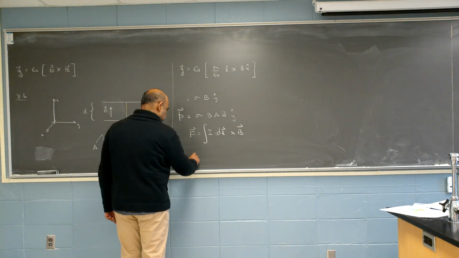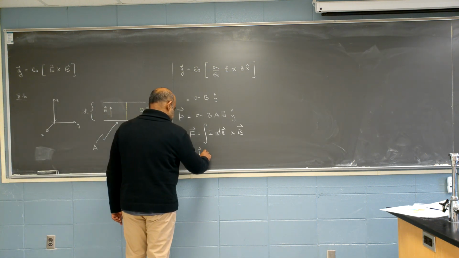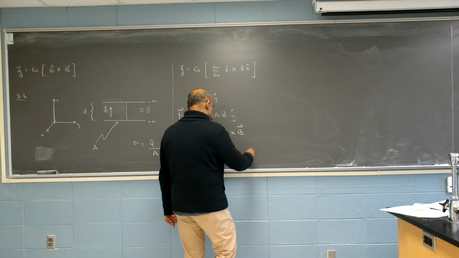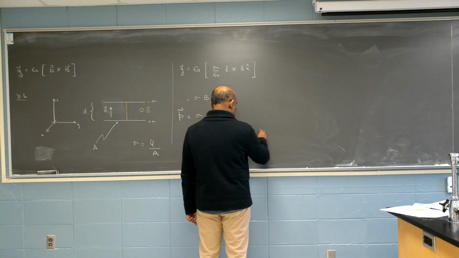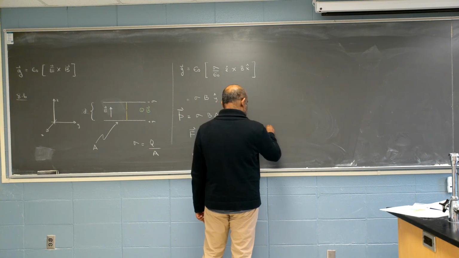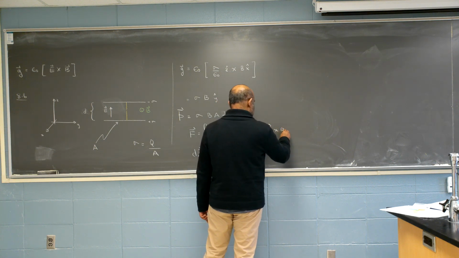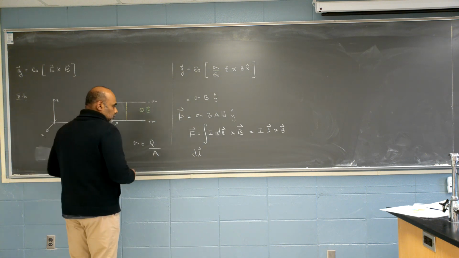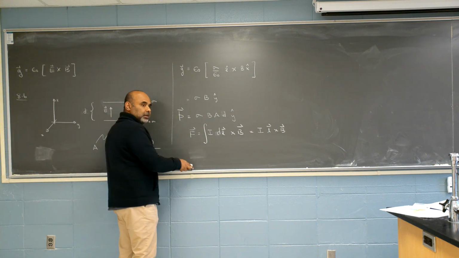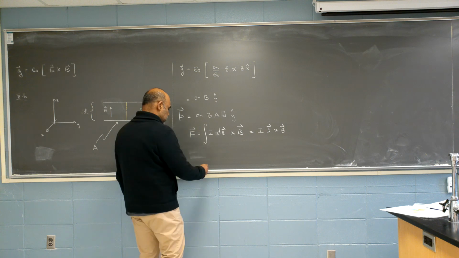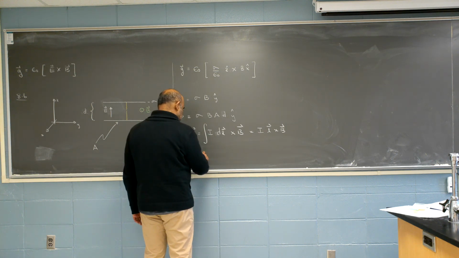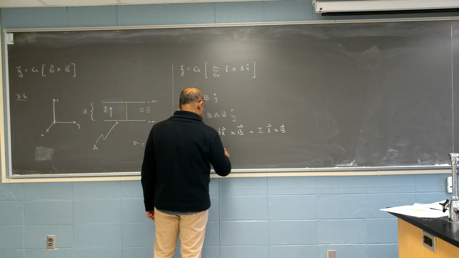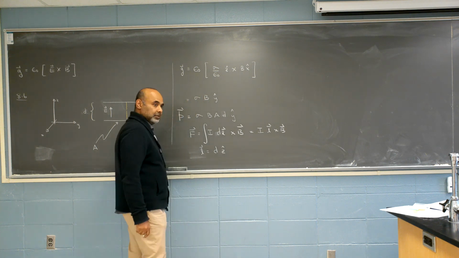Like I said, I L cross B. Nothing depends on position here. Let me do L first. L is D times z hat.